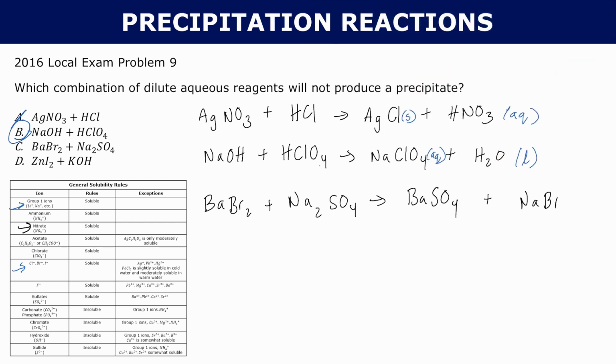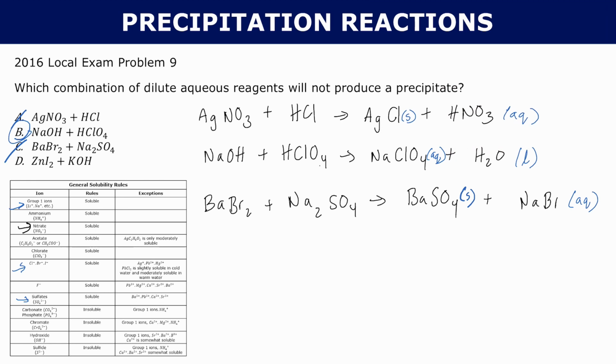Solubility rules for sodium tells us that sodium is always soluble, so this is aqueous. And then if you look at the rules for sulfate, sulfates are always soluble unless they're with barium, lead, calcium, or strontium. And we have barium here, so that means this is going to be a solid or a precipitate. So C is also not the right answer.